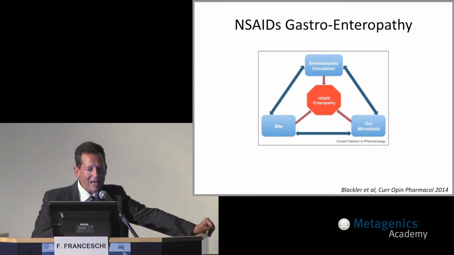After that, NSAIDs go into enterohepatic circulation. They go to the liver, they are processed by the gut microbiota, they go to the liver, and they are secreted a second time by the bile, and they go back to the intestine.